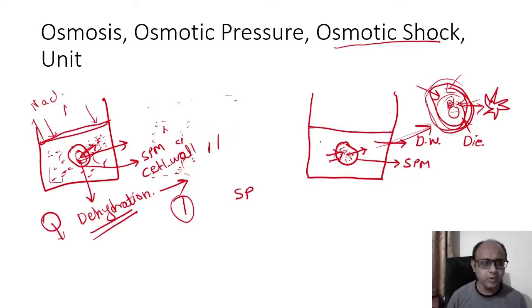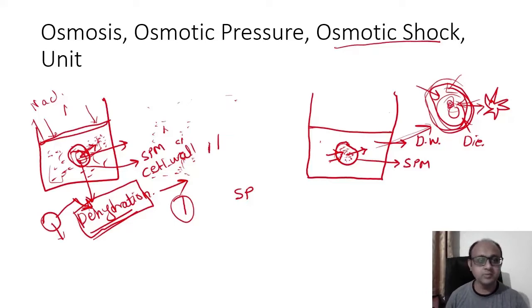Sometimes, if the cell wall is thick and non-elastic, what will happen? It will change its shape permanently and the cell will die from the dehydration effect, or maybe because of the change of its size. That may cause a change in the pore size and so on, and that may cause death of the cell sometimes.